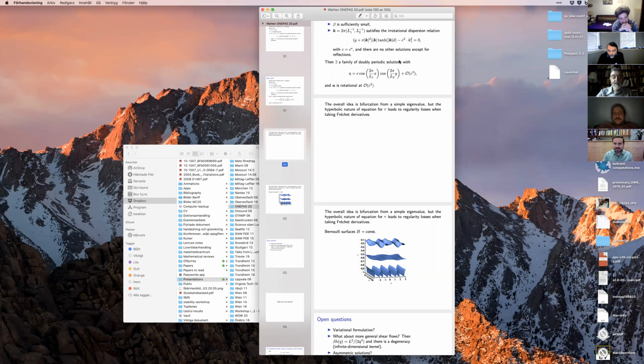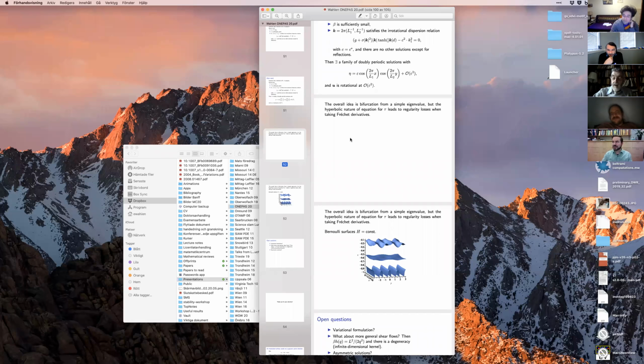Is that the technique? Yeah, that's the technique. Essentially you need as many parameters as the dimension of the kernel, and then it's just that the equations become more complicated if you have 10 equations to solve instead of one.